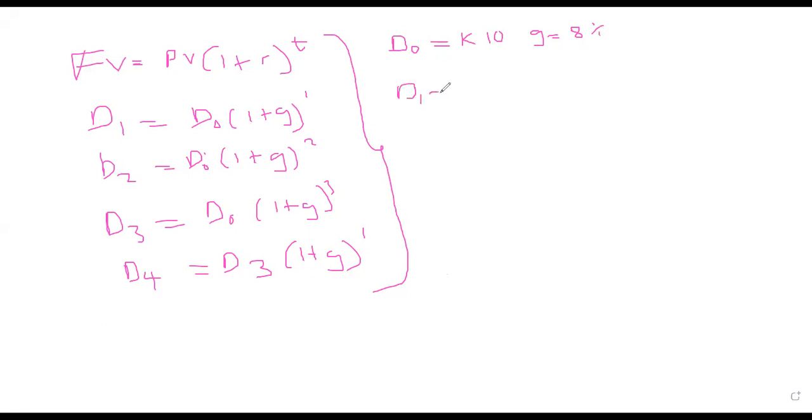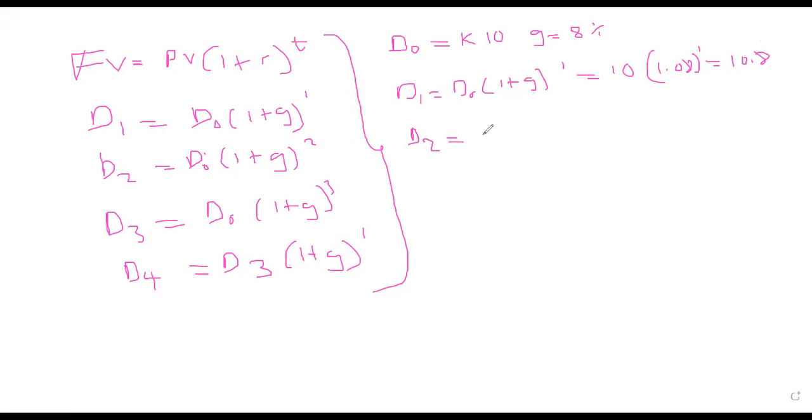So D1 in this case would be D0 times 1 plus growth to the power 1. So here we have 10, our growth is 8%, so 1.08 to the power 1. This will give us a dividend of 10.8 for year 1. I want to be as basic so that you understand what is yet to come ahead.